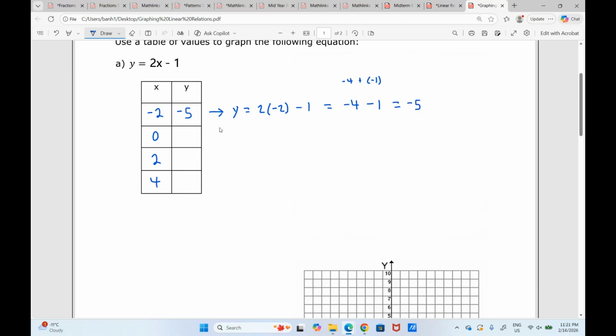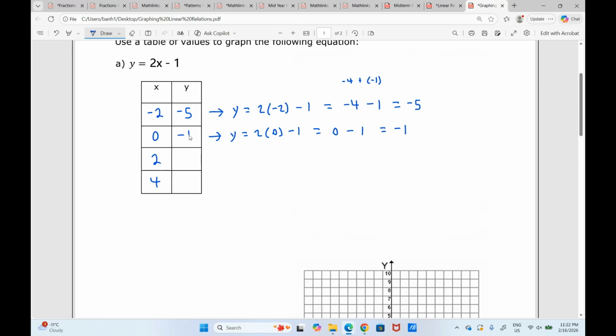Okay, great. Now let's find my value of y when x equals 0. Instead of 2x, it's 2 times 0 minus 1. 2 times 0 is 0, so all I have left is 0 minus 1, which is -1.